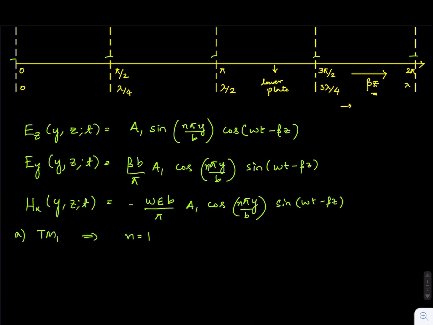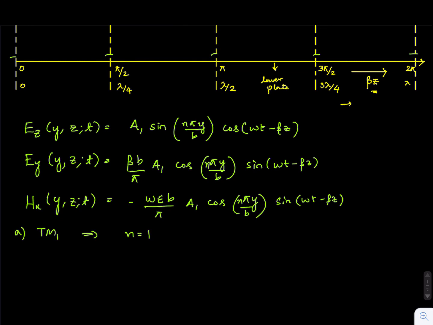The simplest way is to set the time equal to 0, because that simplifies a lot of these equations: cos(omega t minus beta z) becomes cos(minus beta z), and sine(omega t minus beta z) becomes sine(minus beta z). We could do it at other times, but this is the simplest solution. So t is equal to 0 and n is equal to 1.